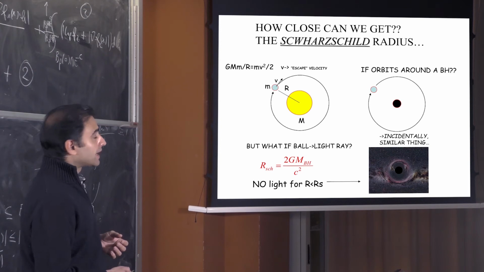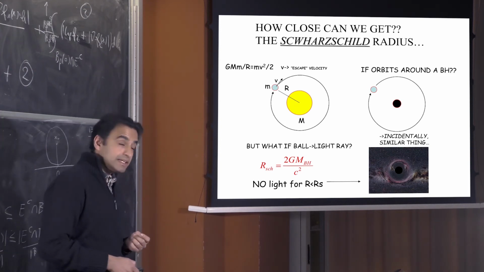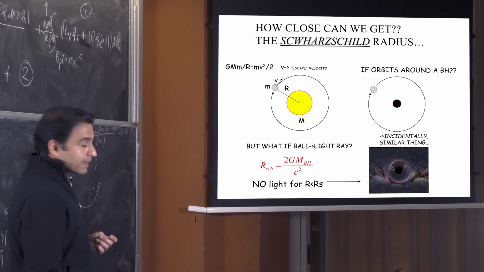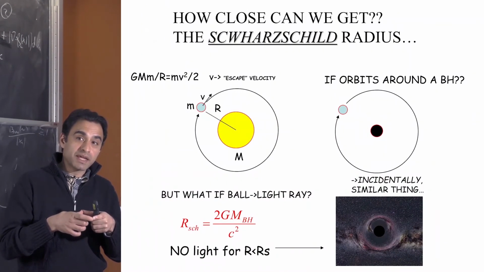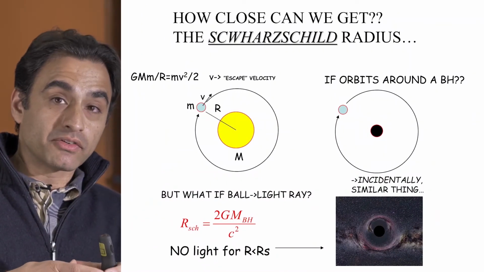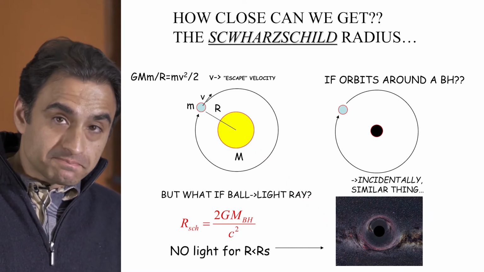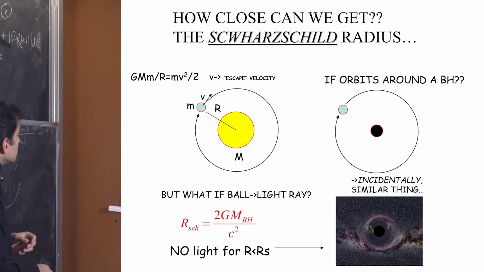Well, you do find a very similar thing. If you replace V with C, you will find that the closest region of space you can reach with that mass before being swallowed completely by the black hole is the so-called Schwarzschild radius.